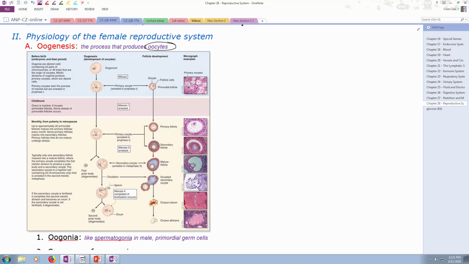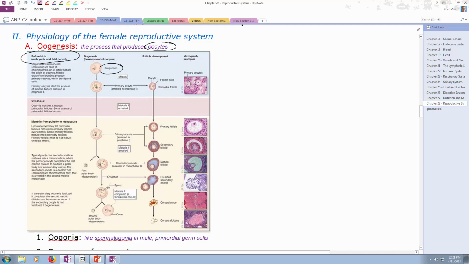So let's take a look at oogenesis, the development of oocytes. Take a look here at this blue stuff. This is before birth, the embryonic and fetal period. Each ovary has its own type of stem cell or germ cell, called oogonium.